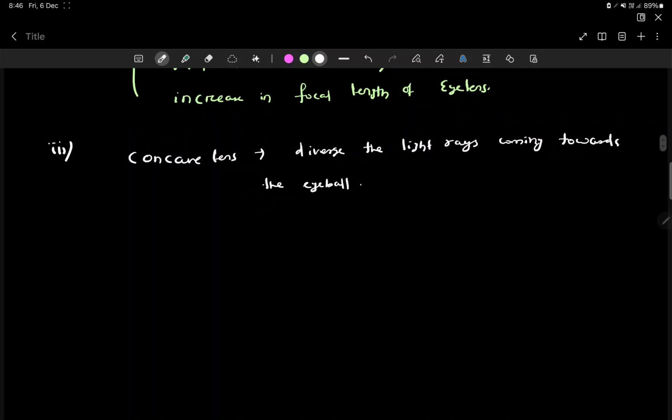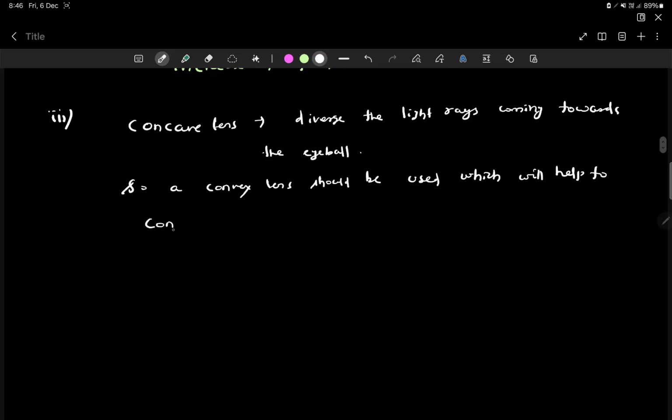So a convex lens should be used, which will help to converge the light rays, because convex lens is known as converging lens, so as to obtain the image on retina.